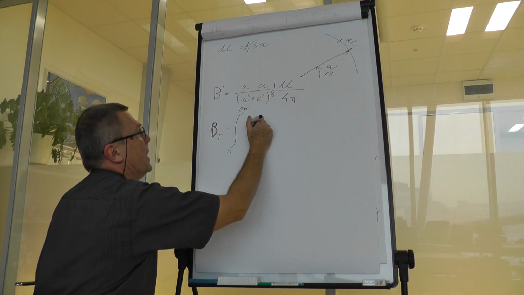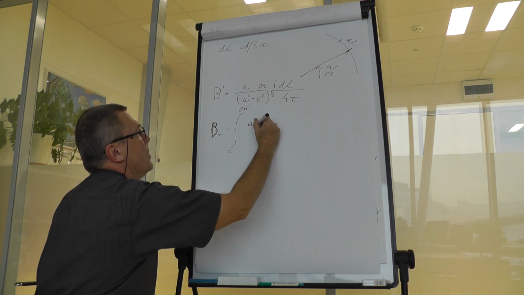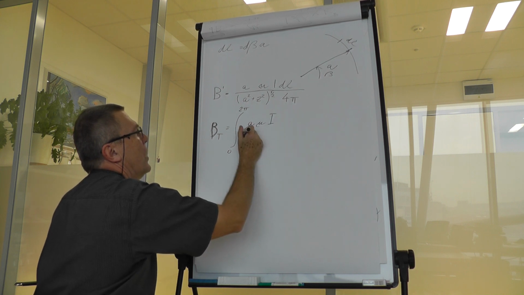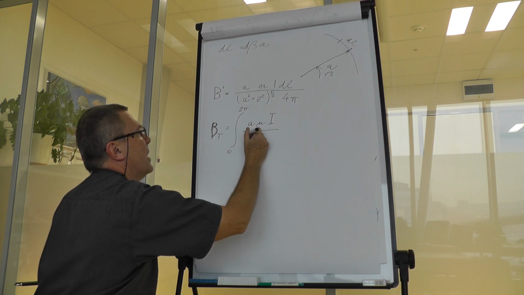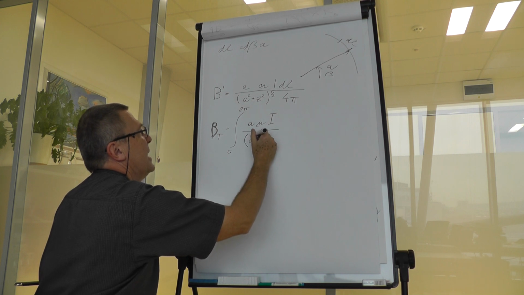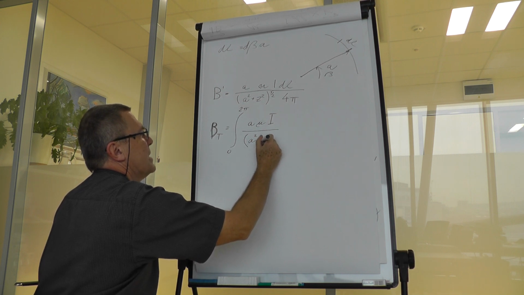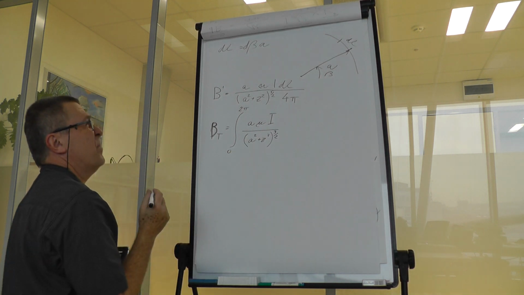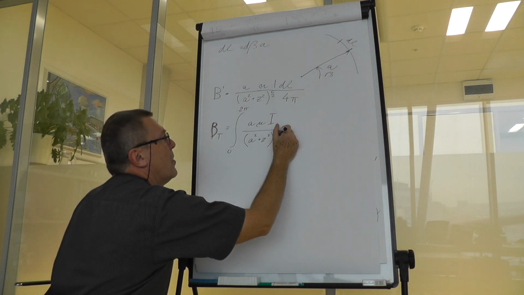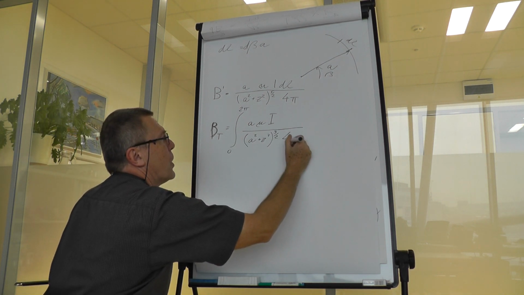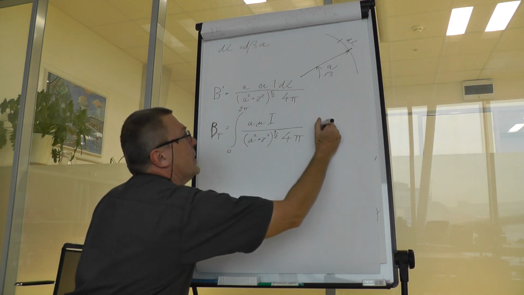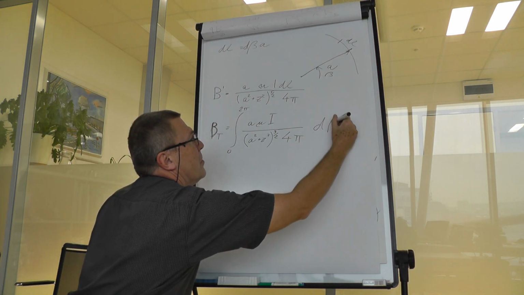The integrand would be a mu I over a squared plus z squared raised to 3 halves multiplied by 4 pi d beta.